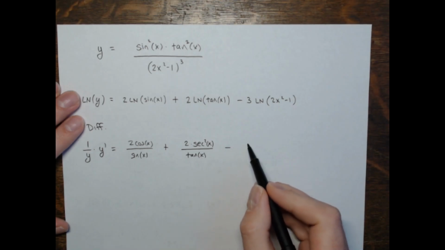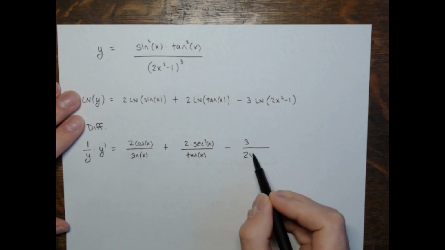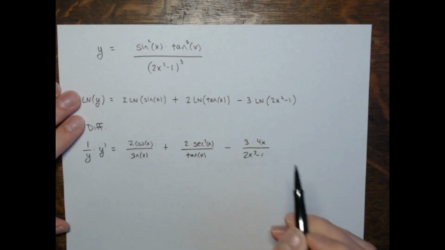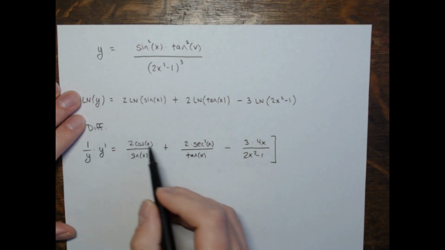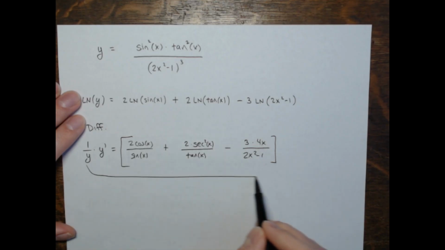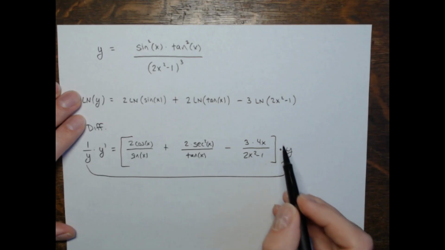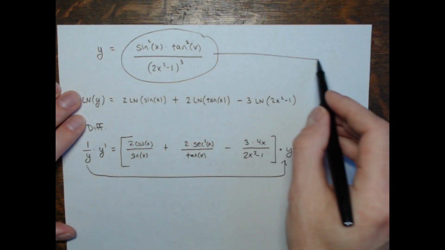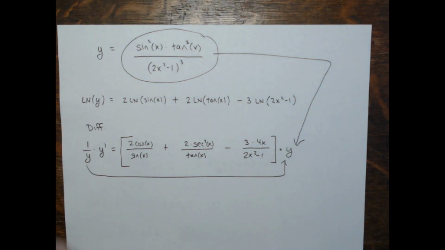And then minus 3 over 2x squared minus 1, but then times 4x in the numerator, so that's 12x up top there. So again, all that I'm going to put in parentheses or brackets, and then to get y prime alone, times y, substituting the original expression back in for y there.